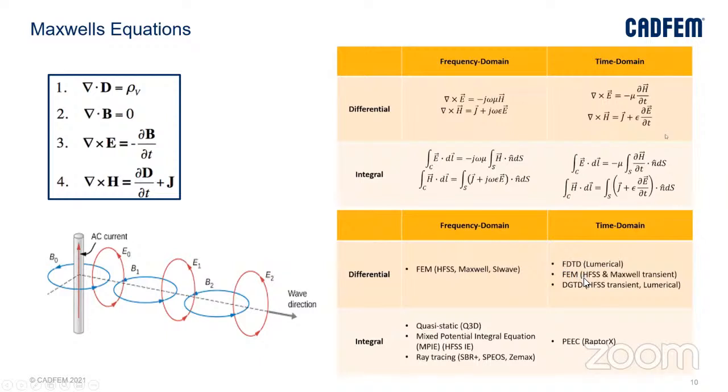Even in HFSS there is HFSS Transient, where you can use the time domain form of the Maxwell equations. So it depends upon what structure and what application you are choosing, and based on that criteria the tool selects which form of equations is useful and can give more accurate results within less time.